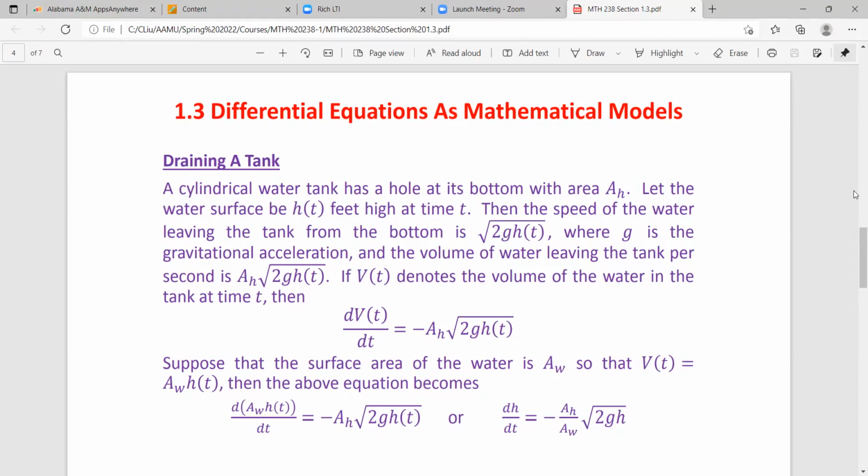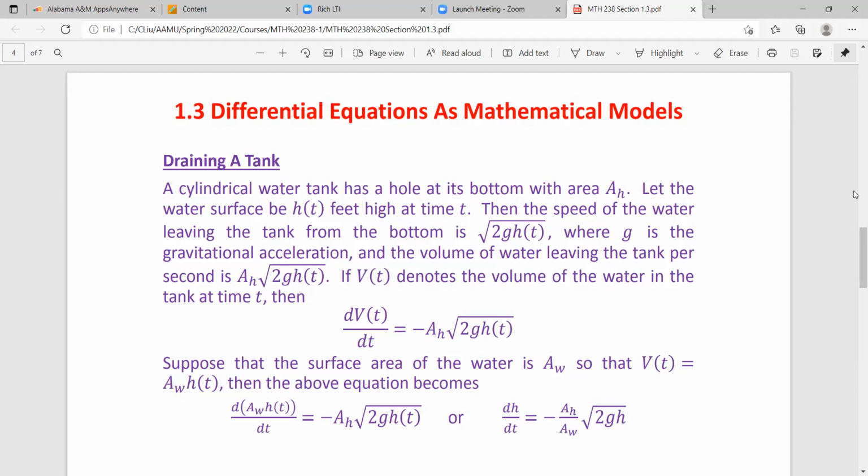We have a cylindrical tank. So the surface area A sub W is a constant that can be taken out from the inside on the left. And if you do that and then divide by A sub W on both sides, then you're just left with dh over dt on the left and negative A sub H over A sub W times square root of 2gh.